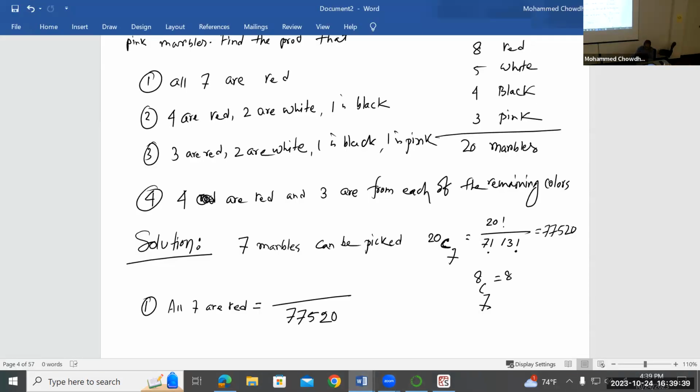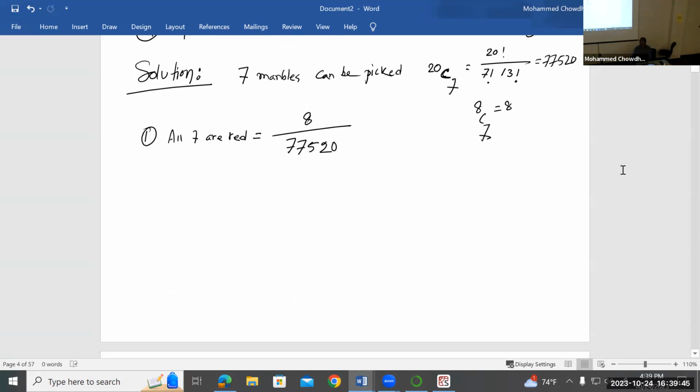That is equal to 8. Now, if you ask me how this is possible, for the red marbles you can write red 1, red 2, red 3, red 4, red 5, red 6, red 7.